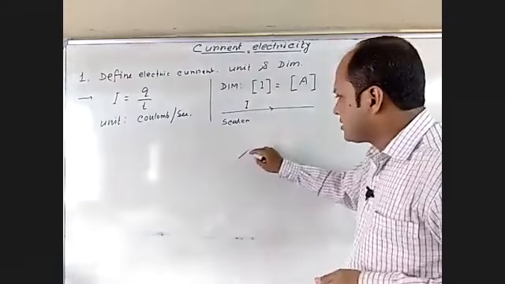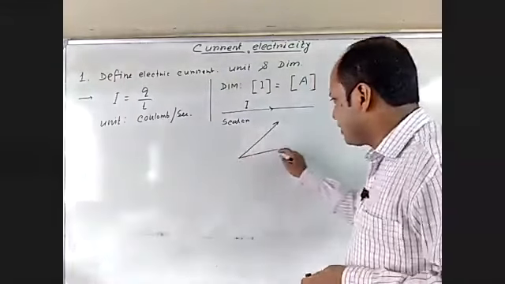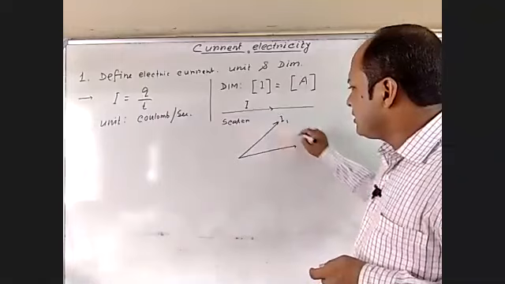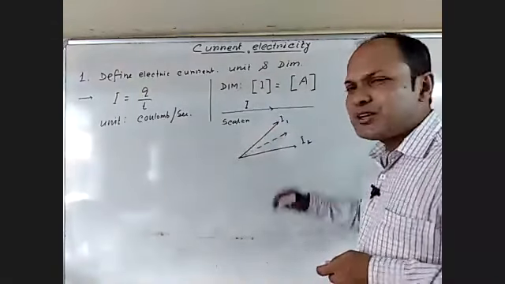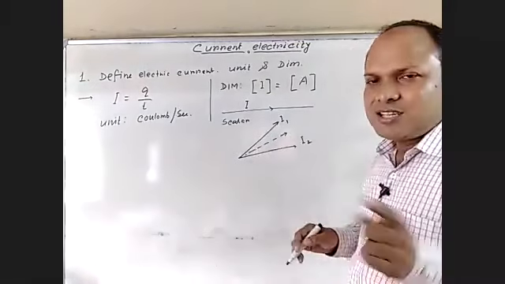Because whenever a wire is there, current is flowing through this. Another wire is there, current is flowing in this way. You cannot consider that this current is I1, this current is I2, and the resultant current will be along this. You cannot do that, because if somebody is standing here, he is not getting any shock.